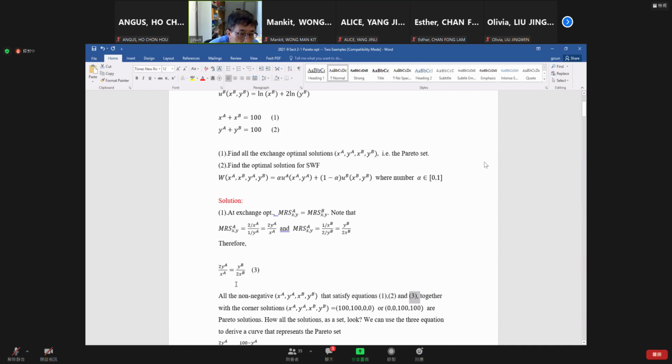Also, if we make use of this equation to solve the problem, xa can't be 0 and xb can't be 0. So we also need to consider what may happen if xa equals 0. Let's first double check: xa equals 0 means we give no x to Alice.